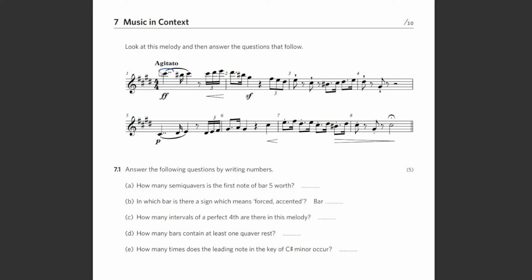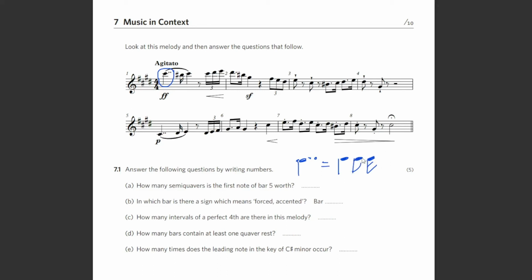So this is a double dotted crotchet. If you have a double dot, it is itself plus half of it for the first dot, plus half of that again, which is a semiquaver. So this double dotted crotchet is equal to a crotchet plus a quaver plus a semiquaver.